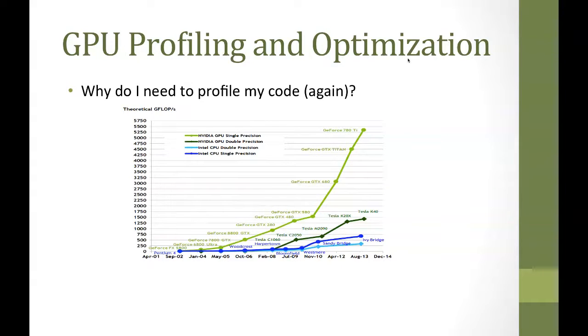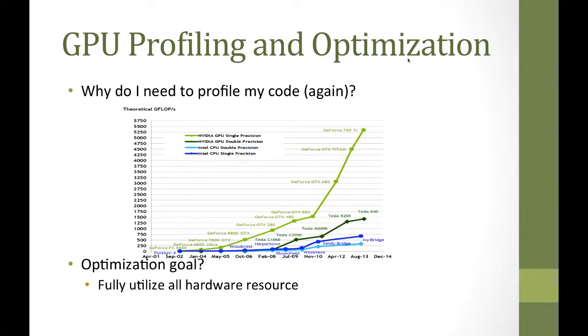But what if we run this code on our newest architecture, like GeForce 780 Ti? What will happen? It may not run very fast on the newer GPU. That's the reason why you need to profile your code again, to see if your code runs fast enough on the certain architecture.